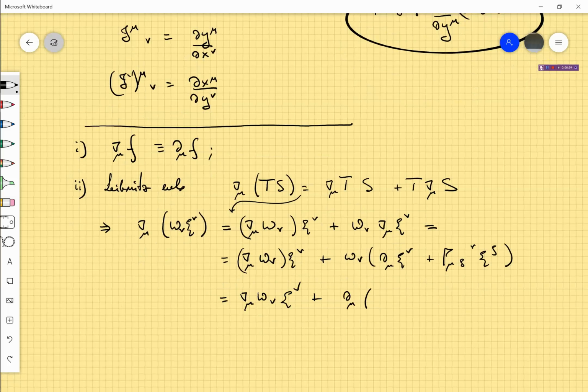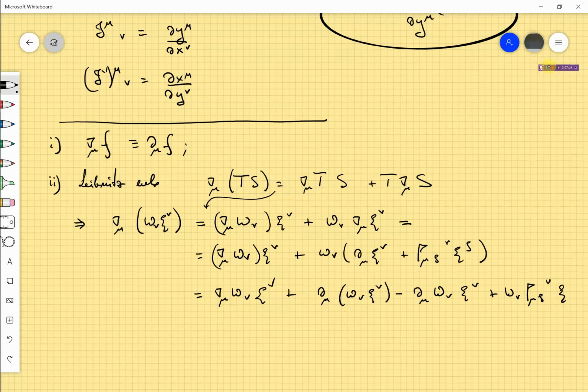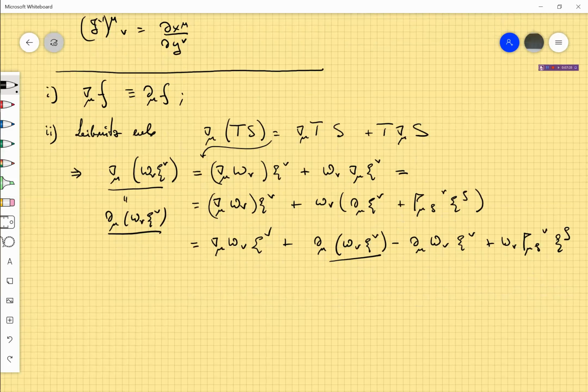This is partial mu of omega nu psi nu minus partial mu omega nu psi nu plus omega nu gamma mu rho nu psi rho. Now this is a function, so using property one, this is just partial mu of omega nu psi nu, which is the term that I have here. This means that all the other terms should add up to 0.